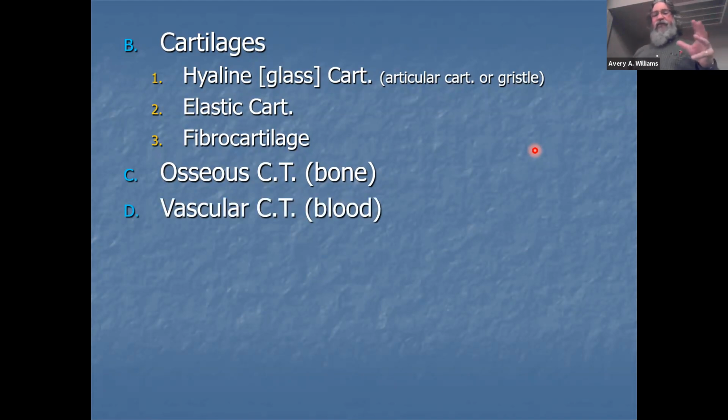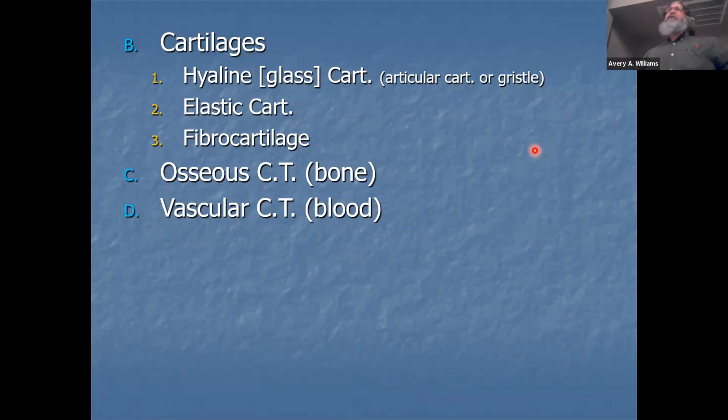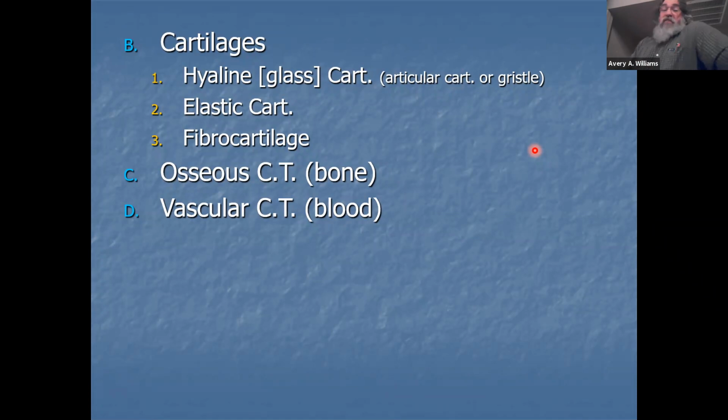And then finally, the fourth type of connective tissue, this group, vascular connective tissue. That's blood. Why don't you just call it blood? Well, I guess you could. A hematologist would call it blood.